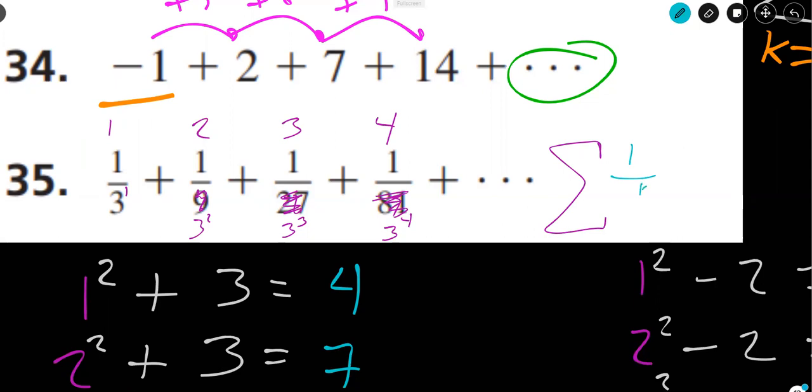I'll call it k again. And in the denominator, I'm going to have 3 to the k. And again, I'm starting with k equals 1. I'm going on to, well, I'm never stopping. I'm going an infinite number of positions. And at each position, my rule just says, take the fraction 1 over 3 to the k power.